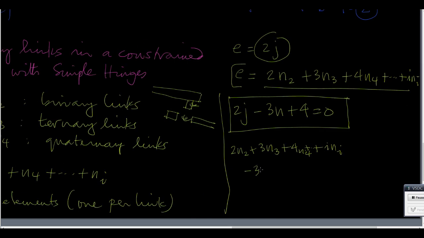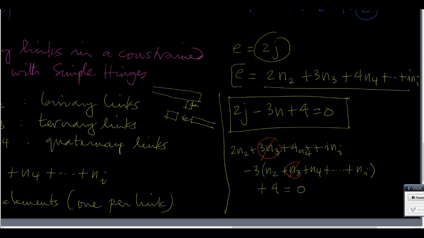So minus 3 times n2 plus n3 plus n4 plus ni, plus 4 is equal to 0. And here is the cool thing that happens. This 3 and 3 cancel out. So we are not interested.